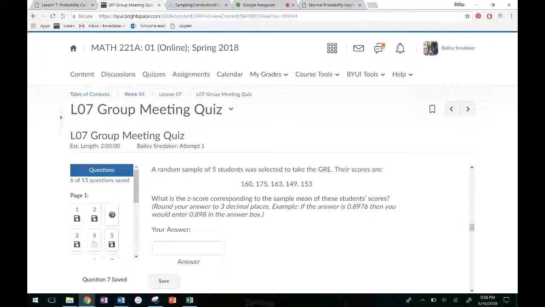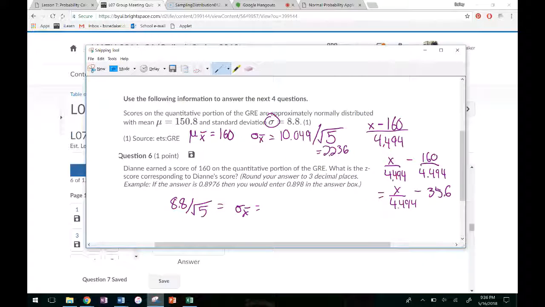So, divided by. So I got 1.045. What? That can't be right. No, that's the same answer as before. That's because that's the answer to number 6. Oh, lovely.